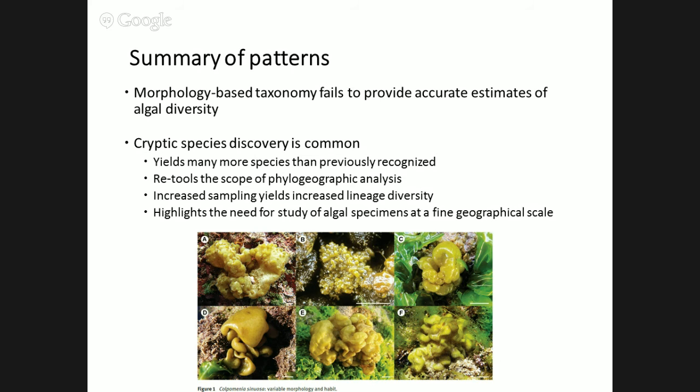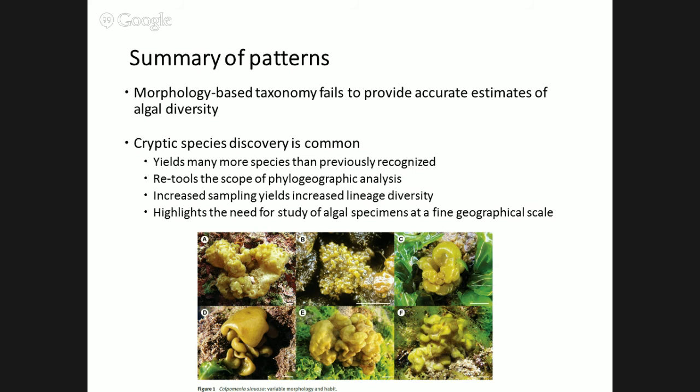Increased sampling yields increased lineage diversity. For example, the case of Asparagopsis, where every time another group of researchers goes and looks in detail at a new region of its distribution, they're finding entire new lineages that we didn't know about before. This highlights the need for the study of algal specimens at a fine geographical scale.